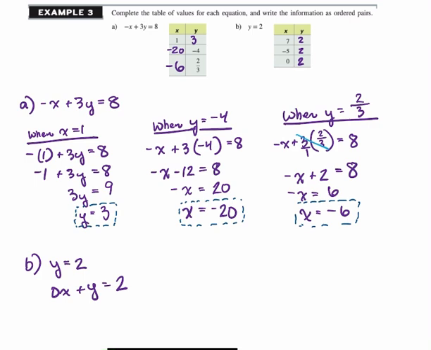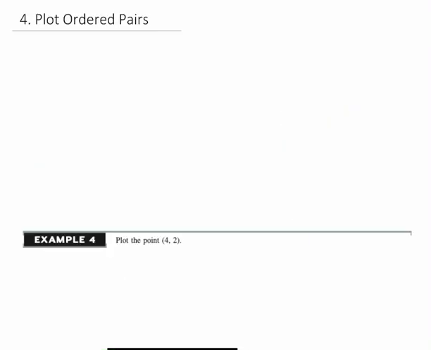So let's start to see how we can plot these on a grid. So we're going to plot ordered pairs. So you may have done this before. We can build a coordinate system. If you have some graph paper, it's helpful to work with that, or you can draw your own graph.